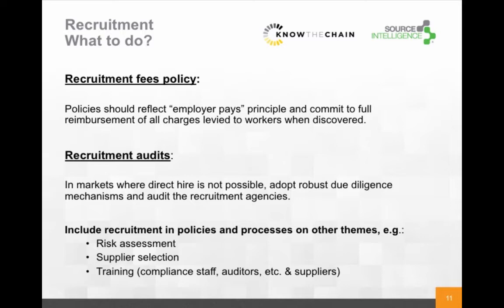This can easily be factored into a robust due diligence process and a mechanism to ensure that any recruiter being used is not going against a company's policy on fees. Any of these recruitment policies and processes can be integrated into risk assessment or supplier selection. It's also important to consider training of recruiters, training of auditors, and training of compliance staff as it relates to recruitment and what the company's policies are on recruitment.